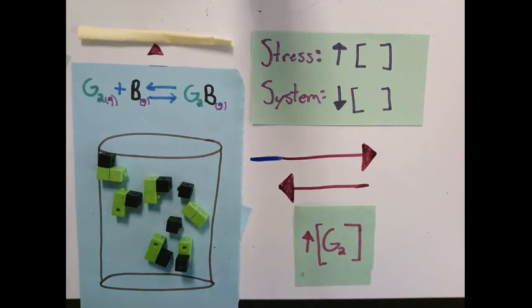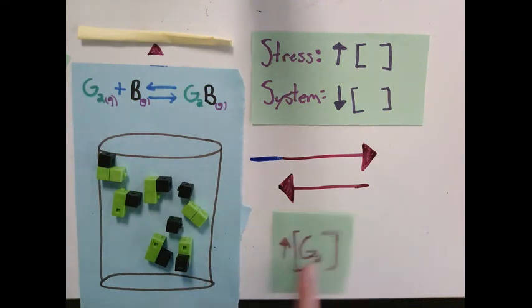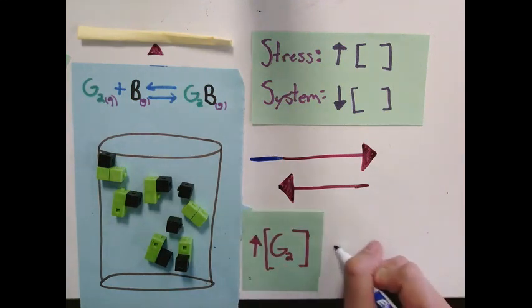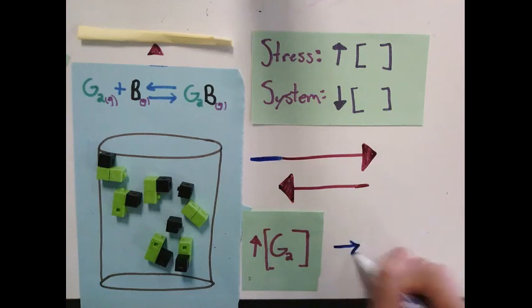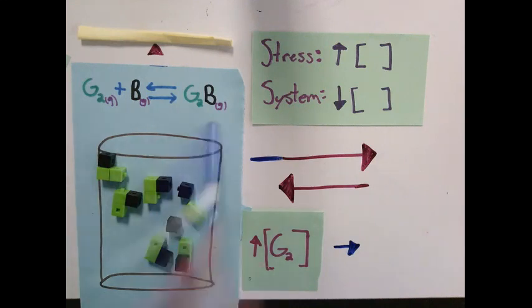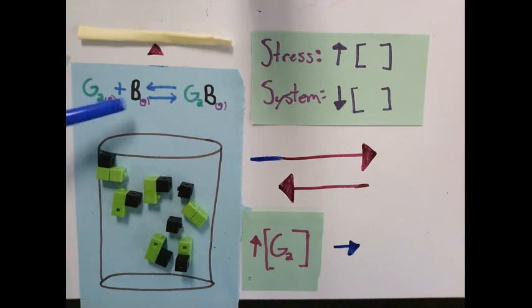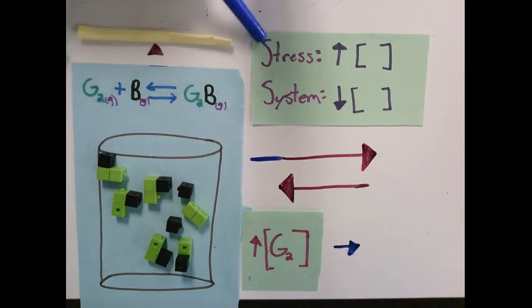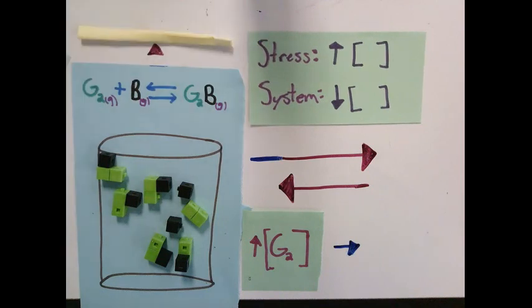So my overall arrow would be in the forward direction, meaning I'd be making more G2B and using up my G2 and my B in order to do so. As you can see, my stress of adding more is causing it to be used up.